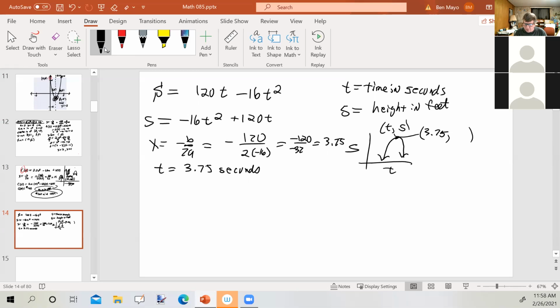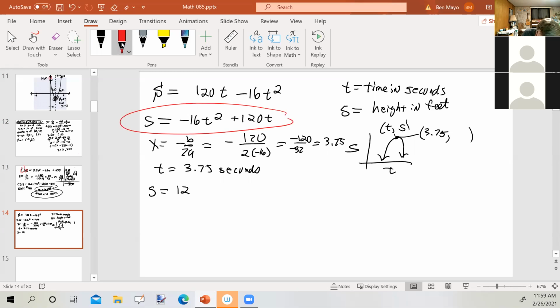Now, how do we find that maximum height? We find s of 3.75. So s equals, let's see, I should be using this one. It doesn't really matter. They're both going to give me the same result, but so that would be what? Negative 16, 3.75 squared plus 120 times 3.75.